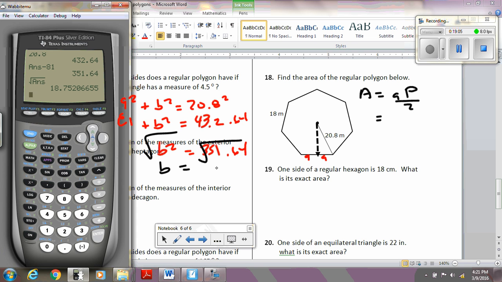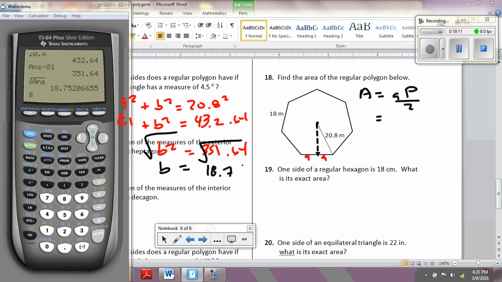And you get roughly 18.75 as b, which is your apothem.